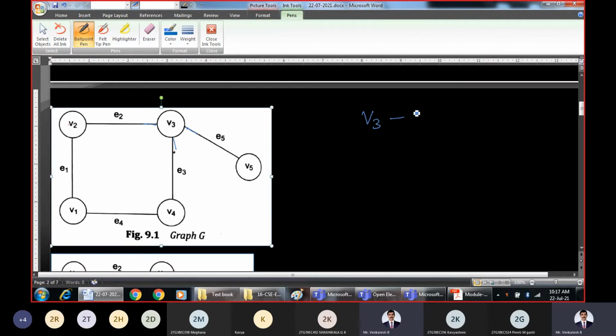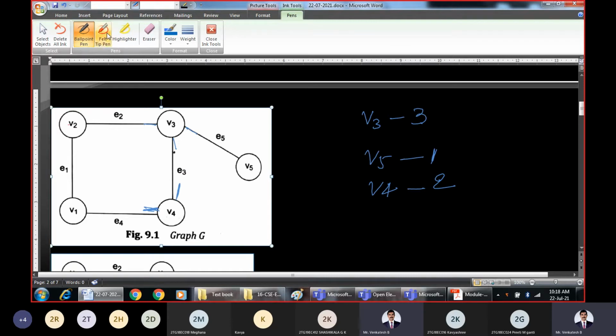So the degree of V3 is 3. What is the degree of V5? How many edges are joining V5? For V5, the number of edges is 1, so the degree of V5 is 1. Similarly, the degree of V4 is 2, because this is one edge and this is another edge.